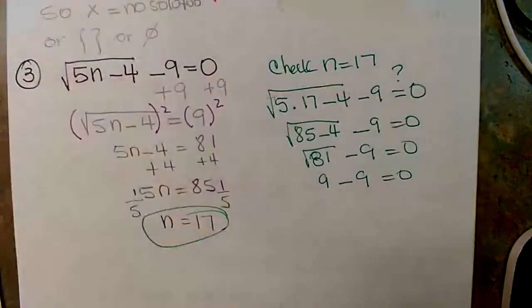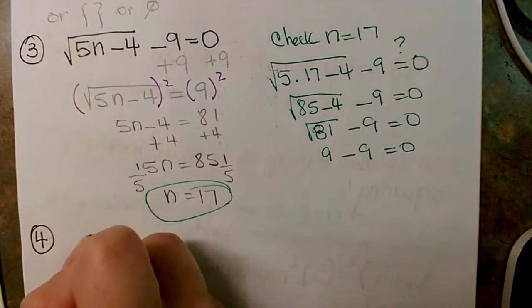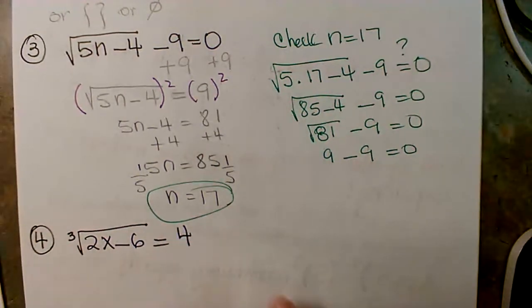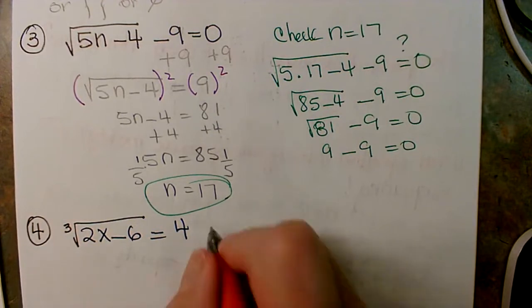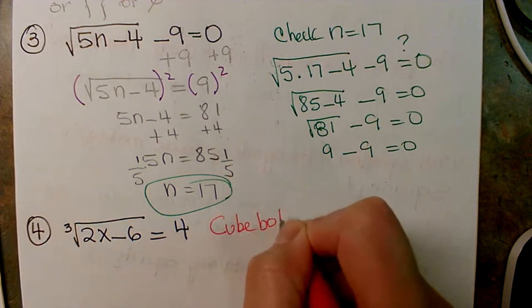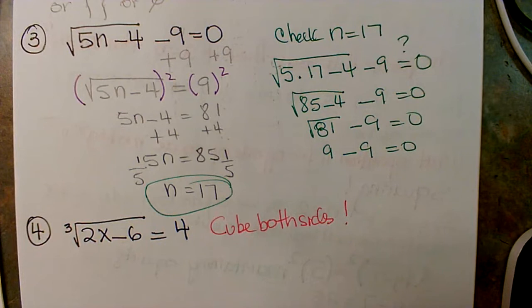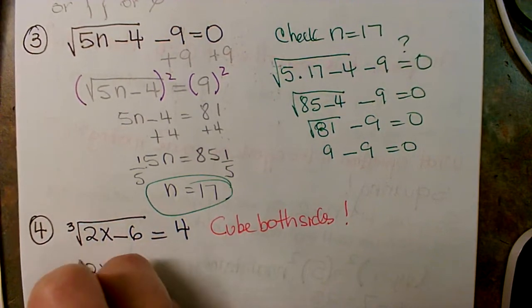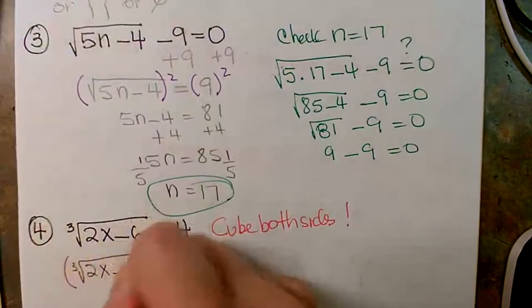Now, look at this one. That is a cubic root, okay? So what we do here, we're going to cube both sides, because it's a cubic root.